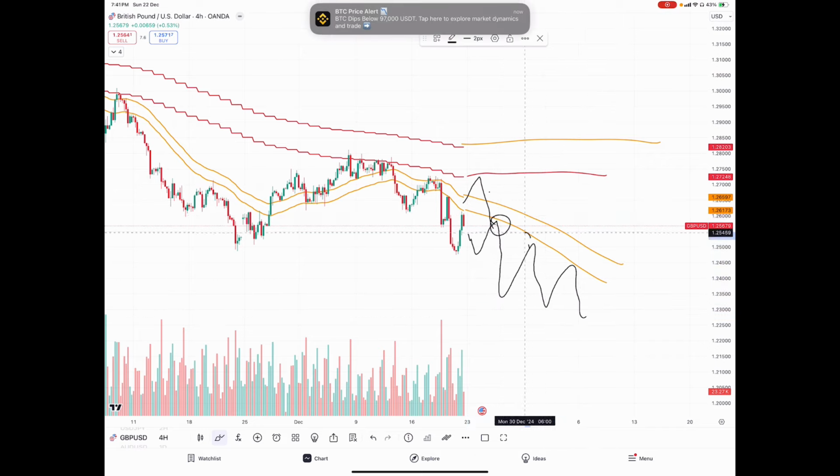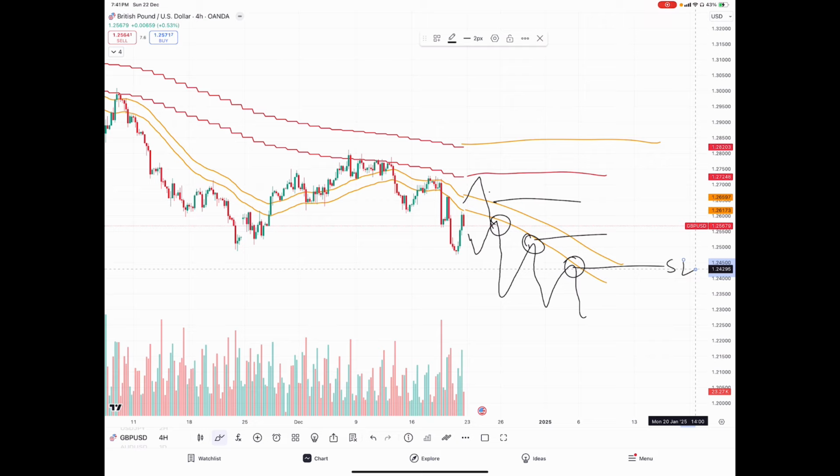So these are the entries, with these being the stop loss.